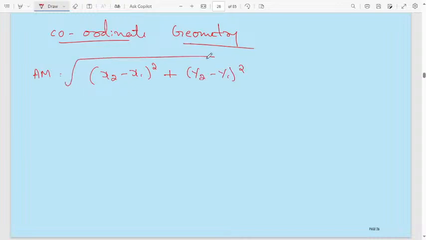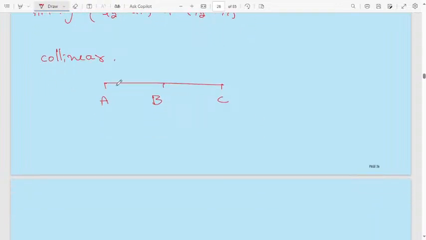Then if you consider any three points A, B, C to be collinear, collinear means they lie on the same line. In this condition, you have to use the distance formula to prove that AB equals BC, this equals AC. If it satisfies the condition, then we will consider those points collinear.